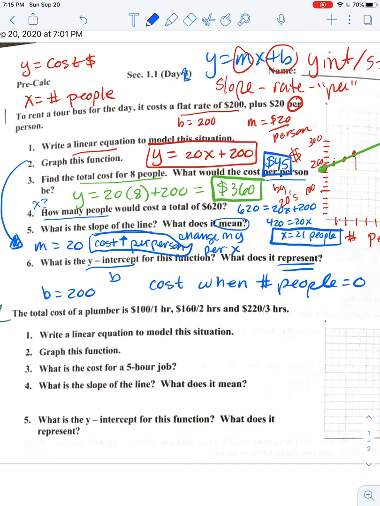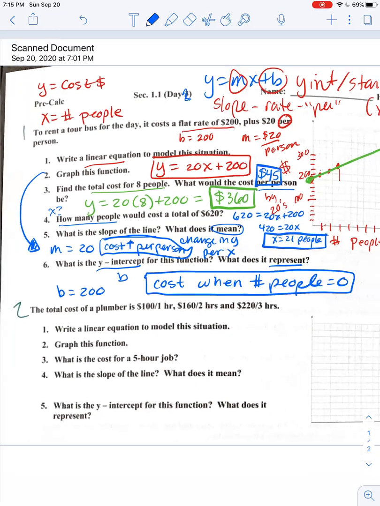So it's just how much you have to pay for the tour bus, even if nobody goes on it. And so that's always sort of a weird situation. But in this case, that's what that represents: you'd have to pay $200 just to rent the tour bus. Then you add $20 per person.